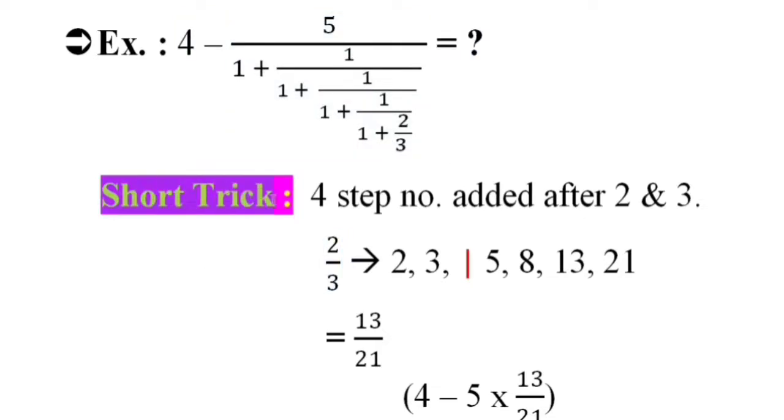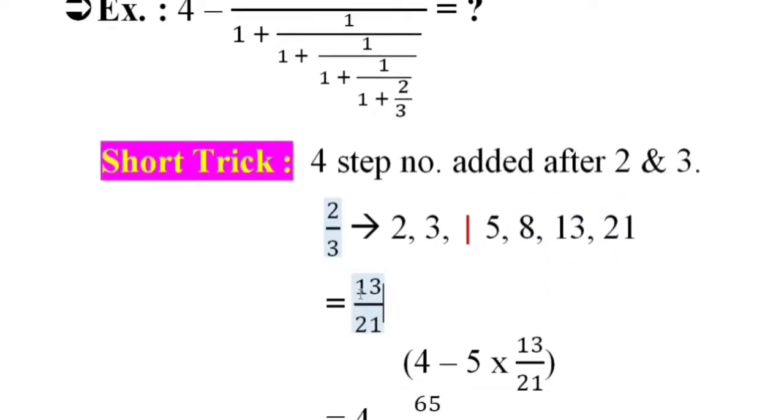Short trick: 4-step numbers added after 2 and 3. 4 steps means 1 step, 2 step, 3 step, 4 step. 2 by 3, write 2, 3, and 2 plus 3 equals 5, and 3 plus 5 equals 8, and 5 plus 8 equals 13, and 8 plus 13 equals 21. So it equals 13 by 21.